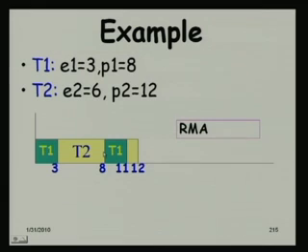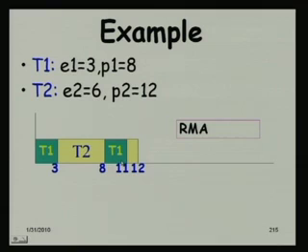Just check here that at this point T2's deadline is at 12 and T1's deadline is at 16. So, T1 has a later deadline than T2 and T1 should not preempt T2 according to EDF.